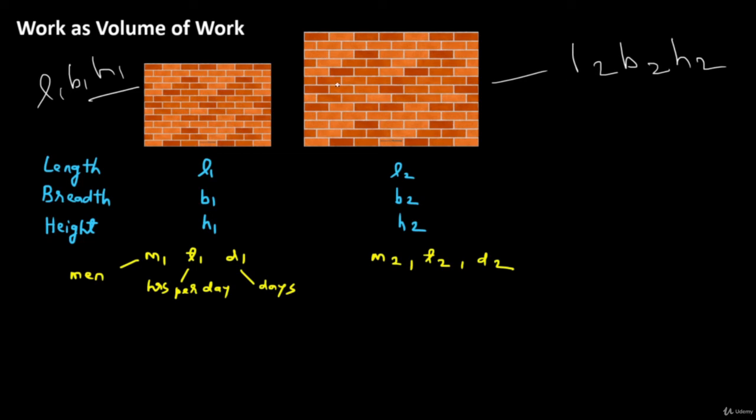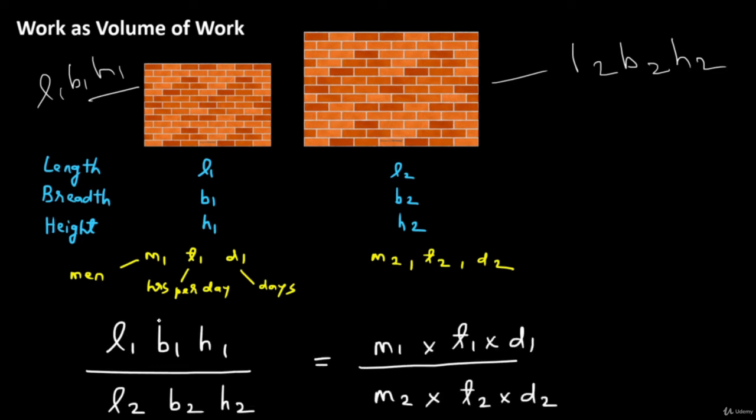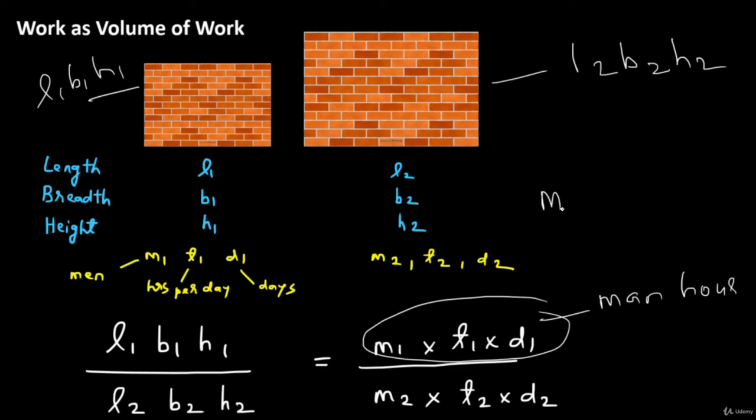Now if we take the ratio of the volumes, that would be equal to the ratio of the man hours. So L1 B1 H1 by L2 B2 H2 is equal to M1 T1 D1 by M2 T2 D2. Over here, what is this? This gives you man hours, right? M is men, and T is hours per day.